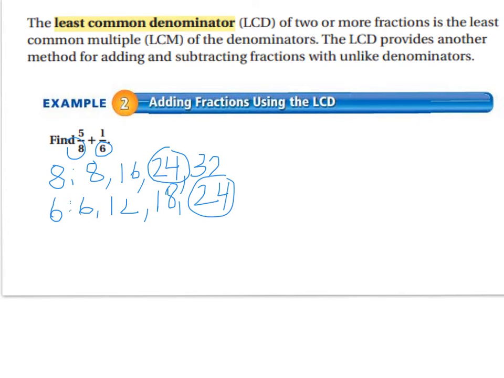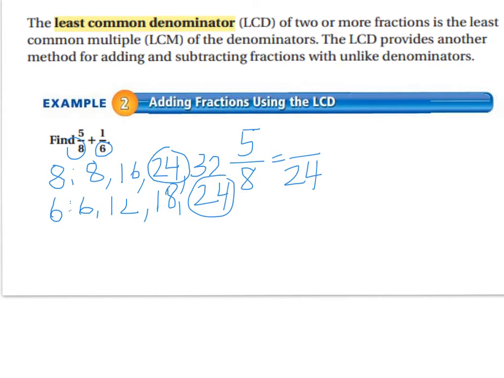Now that I know that my least common denominator is 24, I can go back to my problem and say 5/8. I want this denominator to become a 24. In order to do that, when I multiplied 8 by 3, I got 24.